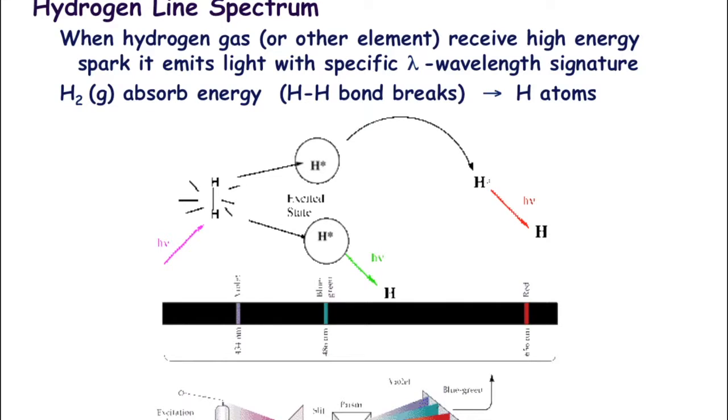Anyway, if we take a look at the hydrogen atom and we get some hydrogen gas and hit it with some high energy, h nu, remember, is high energy light, then we can affect the hydrogen molecule, represented by two hydrogen atoms bonded together, which we write as H2.